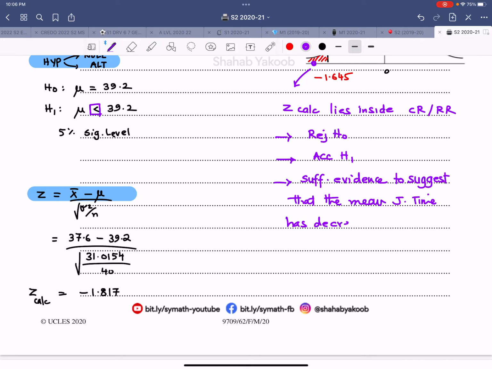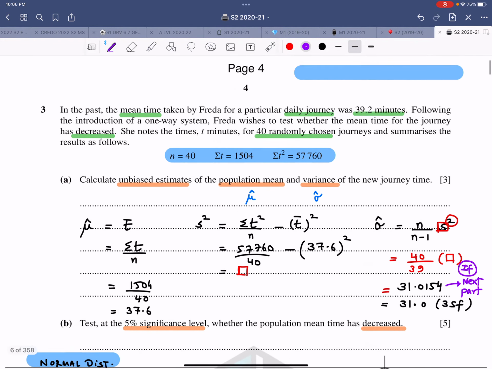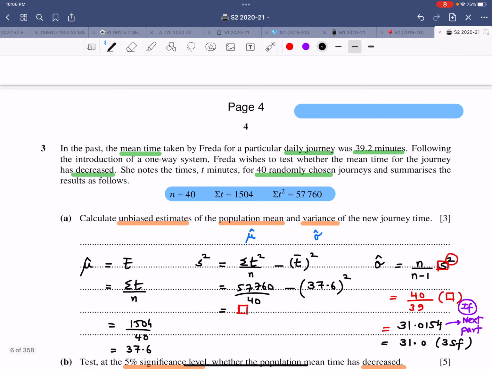So that is how you solve a hypothesis question, and this hypothesis was related to the normal distribution.